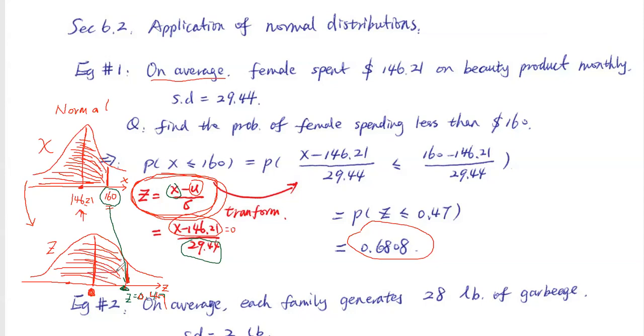Follow me, everybody? So in other words, the probability of the female spending less than $160 is this one here, 68.08%. Is that clear, everybody? That's the way to answer this question.